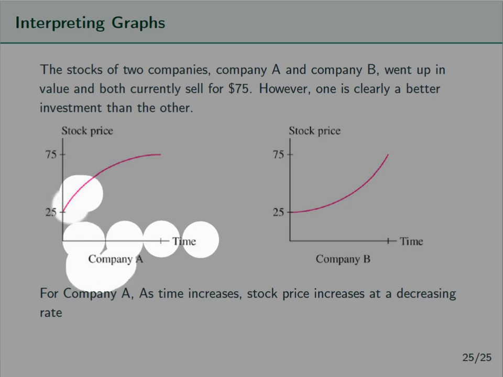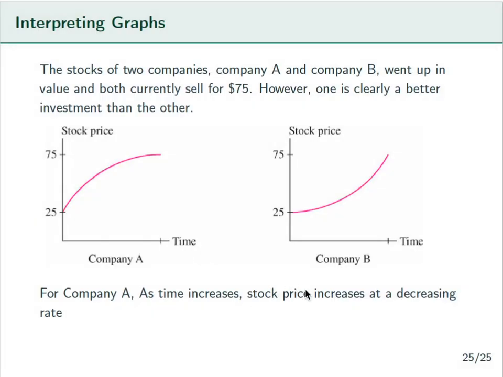So again, the overall function is increasing, but it is increasing at a decreasing rate, because for uniform successive change in time, the amount of stock price change decreases. It is increasing, but the amount of its increase decreases every time interval. That's why for company A, we can say the stock price increases at a decreasing rate.